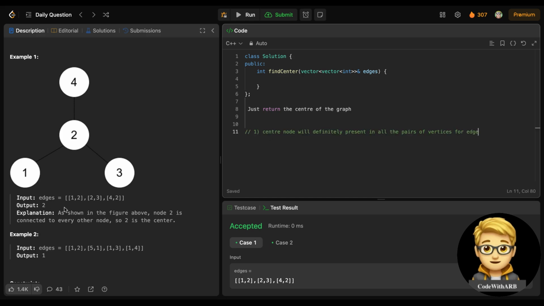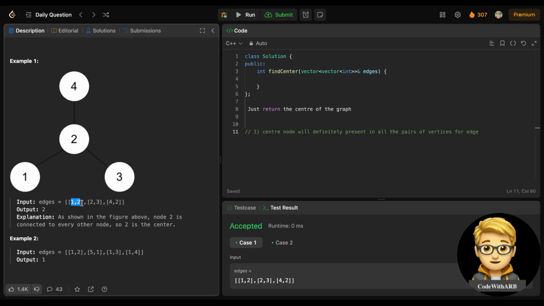That's the observation. If you see here, in each edge, 2 is present in this one, 2 is also present in this one, 2 is also present in this one.